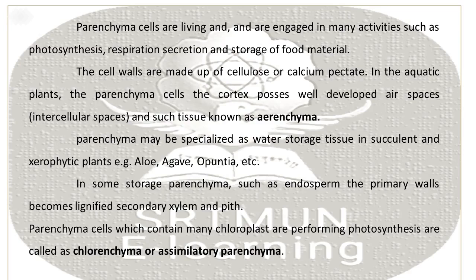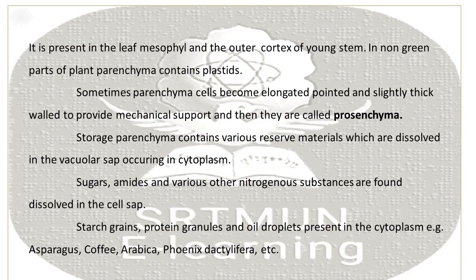Parenchyma cells which contain many chloroplasts and perform photosynthesis are called chlorenchyma or assimilatory parenchyma. It is present in the leaf mesophyll and the outer cortex of young stem. In non-green parts of the plant, parenchyma contains plastids.